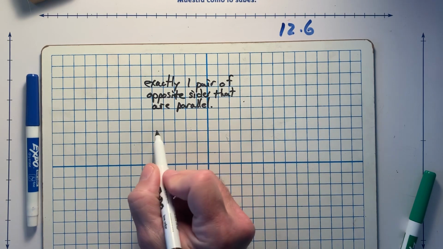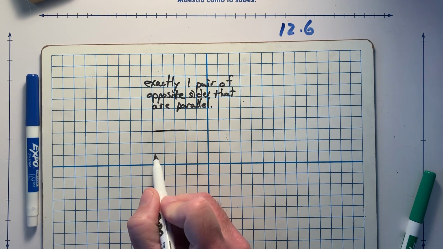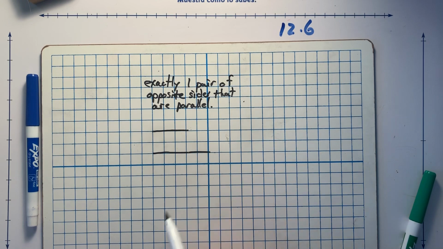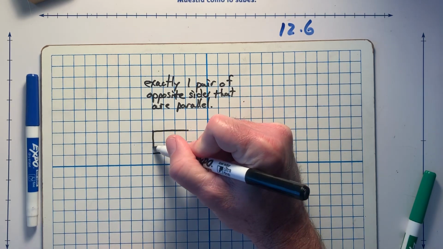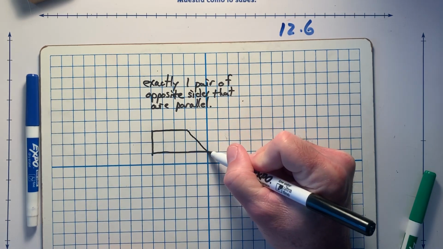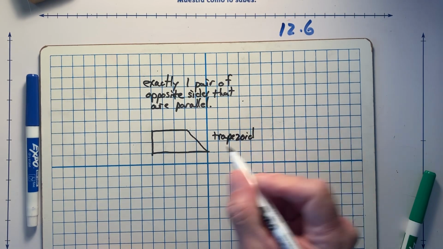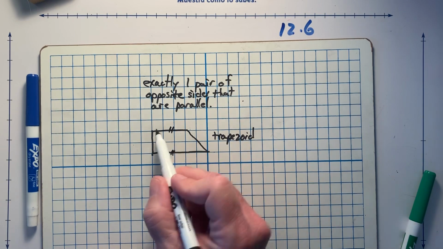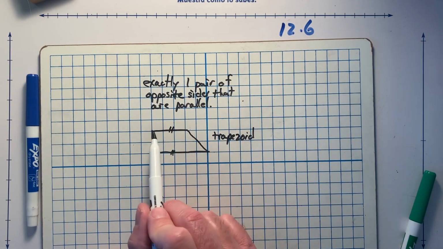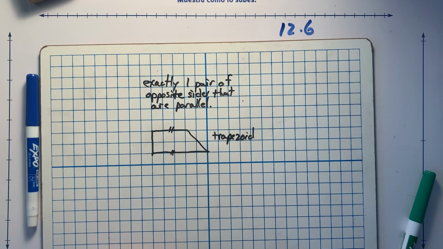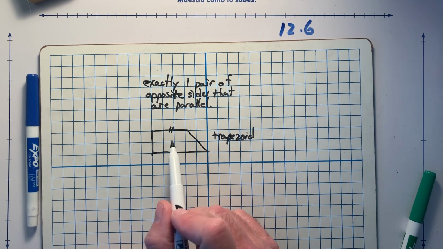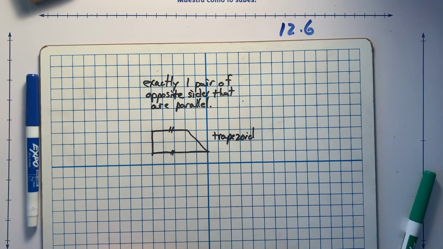First I'm going to draw some parallel lines. You don't have to draw them the same length. Now I'm going to connect those 2 lines, and a trapezoid has exactly one pair of parallel sides. The other sides are not parallel. Now I have drawn my quadrilateral that fits this rule.